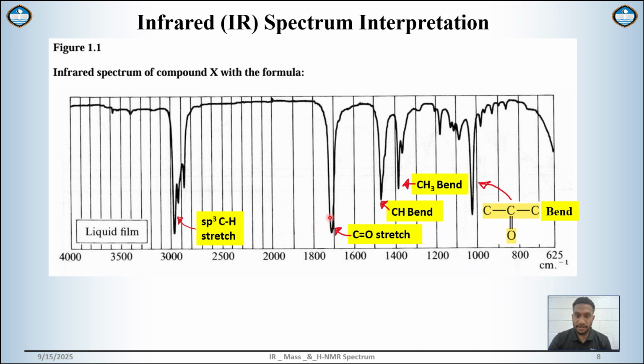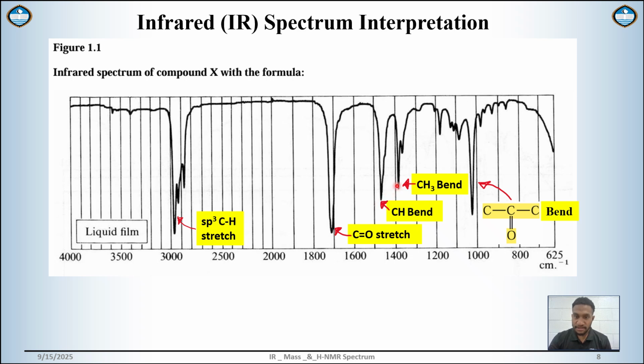The second peak, which is approximately at 1715 reciprocal centimeter, shows a C=O stretch. And the next peak, which is approximately at 1465 reciprocal centimeter, shows a CH bend.